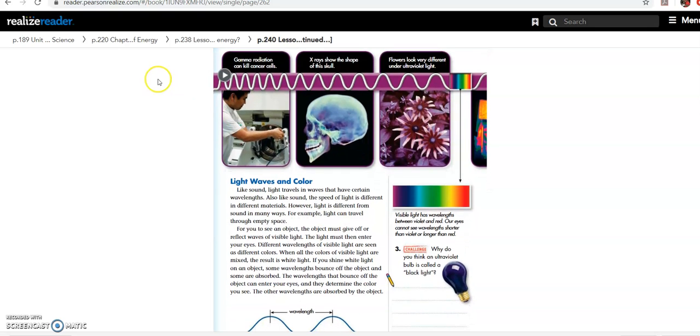You can see the visible light spectrum right here. That's the light we can see, but there's also light waves that we cannot see. So like gamma radiation is considered a light wave. X-rays are considered light waves. Ultraviolet light are considered light waves.